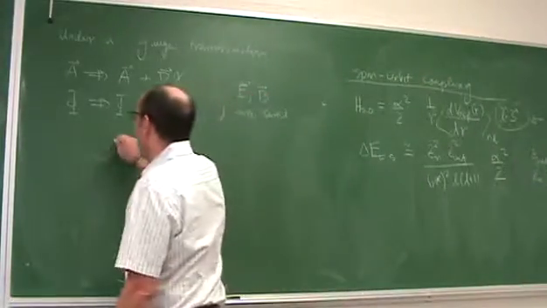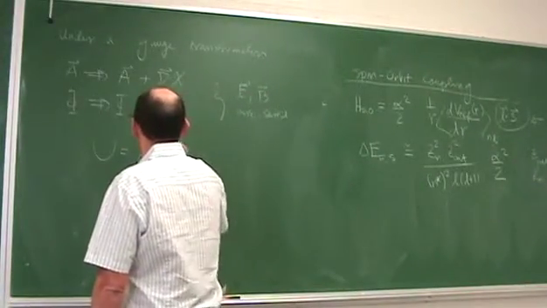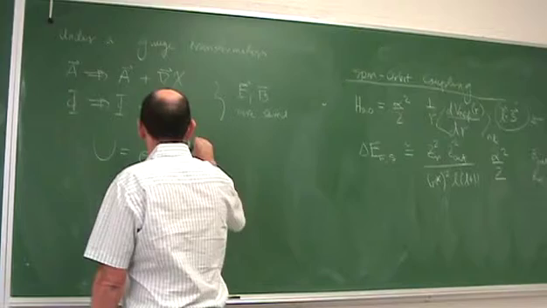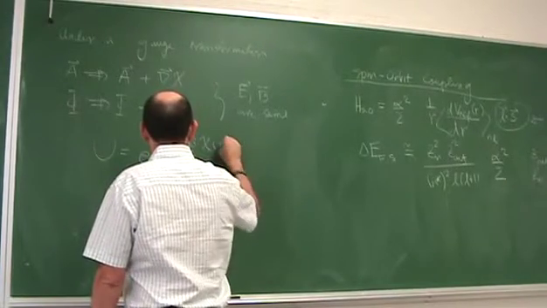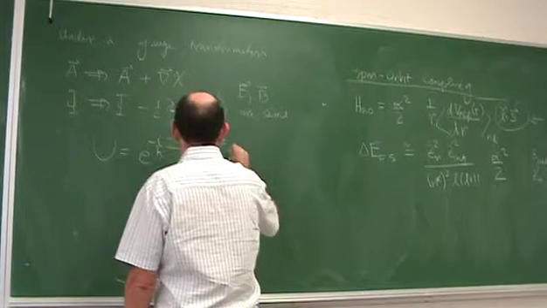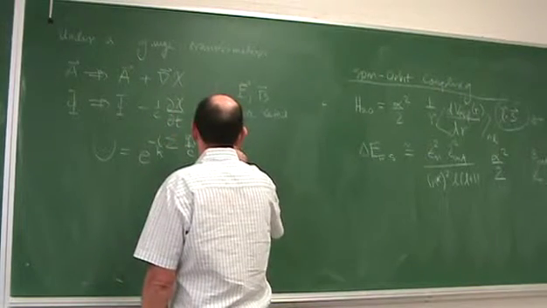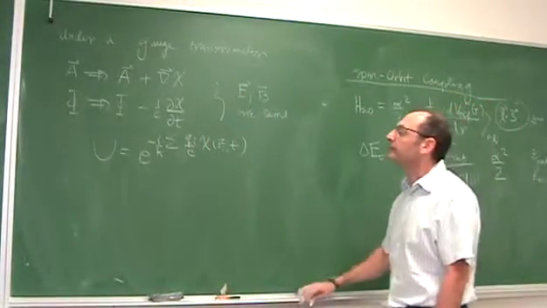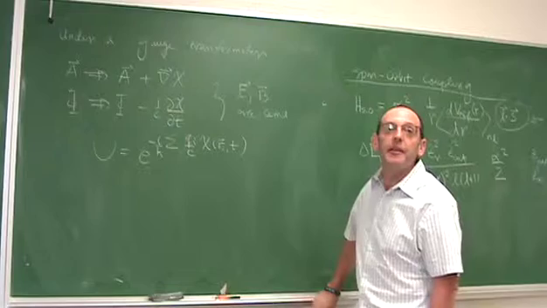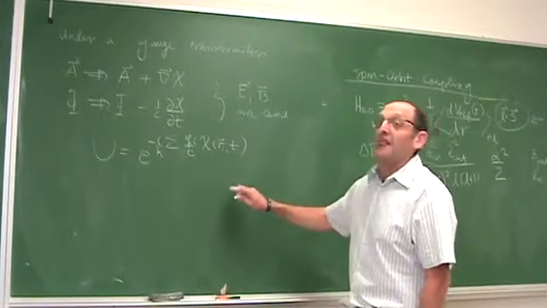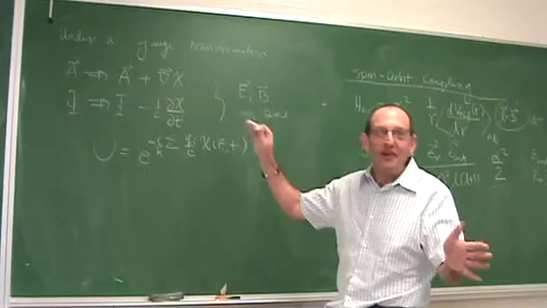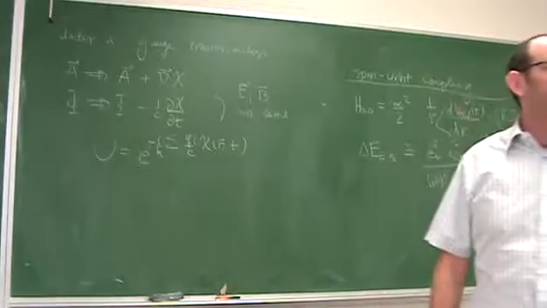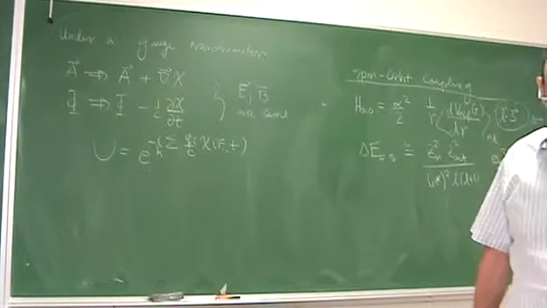So I do that in quantum mechanics with a unitary transformation for a real function chi. That's a unitary operator acting on the space. If you go into your favorite quantum mechanics textbook, that accomplishes this gauge transformation.